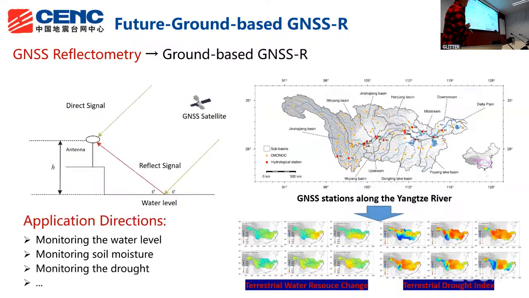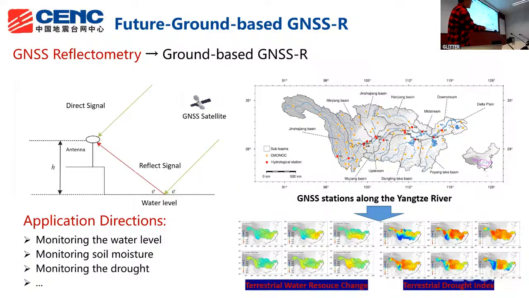Okay. So I think we can use the ground-based GNSS-R technology to do some research. The first is monitoring the water level. From 2020 to 2023, we used almost 140 ground-based GNSS stations around the Yangtze River basin.